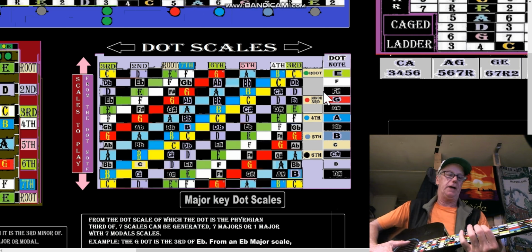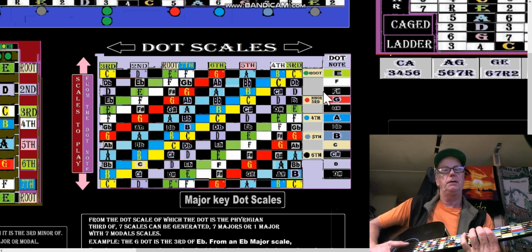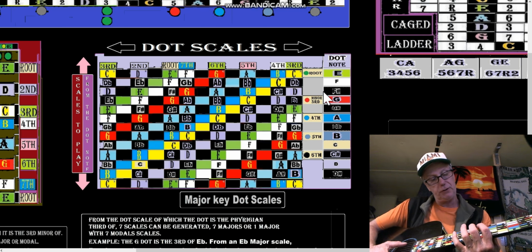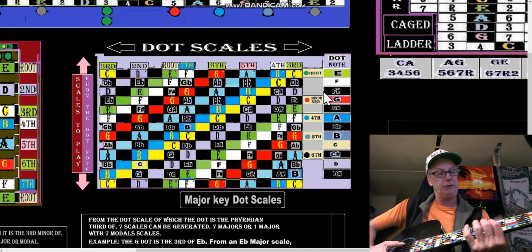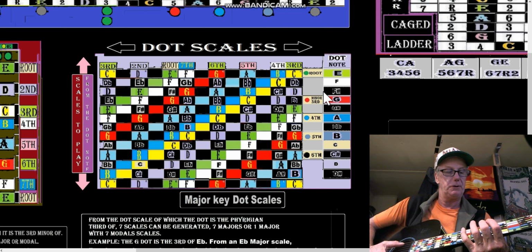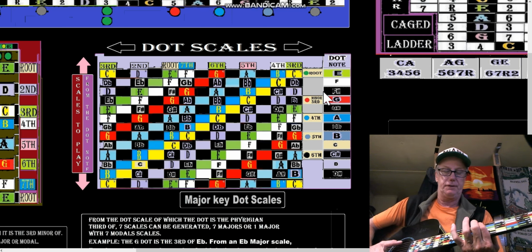Okay, so that S4 XL, extra long, starting from the G shape, which is really the C shape, has the third, the fourth, and the fifth.